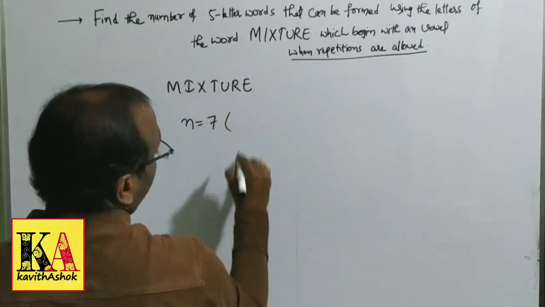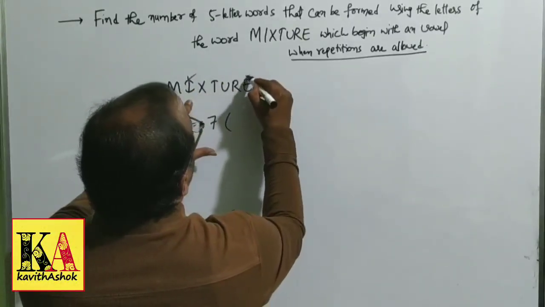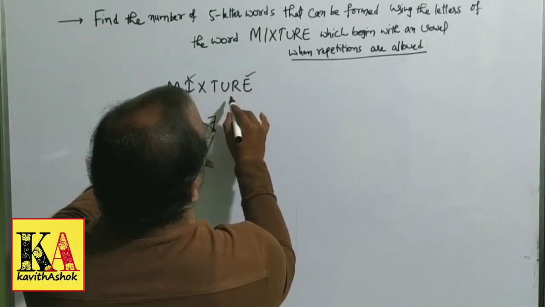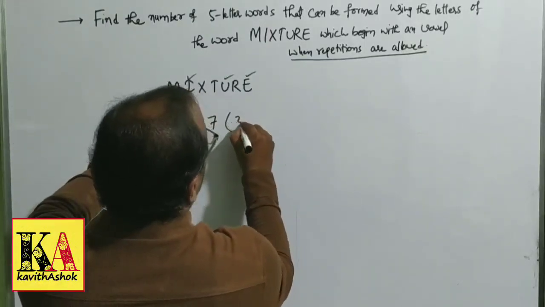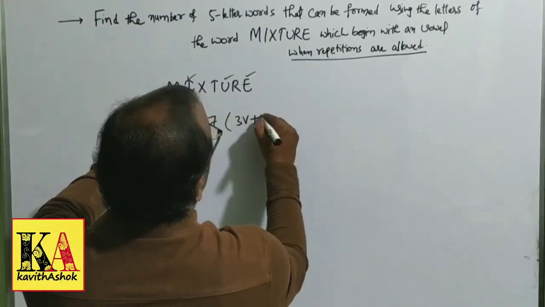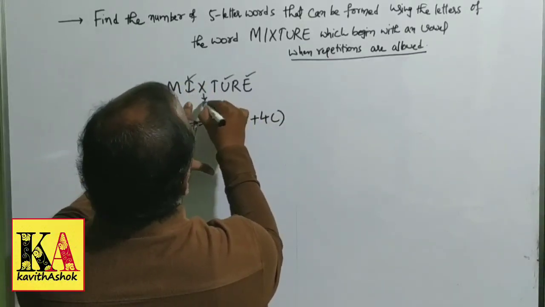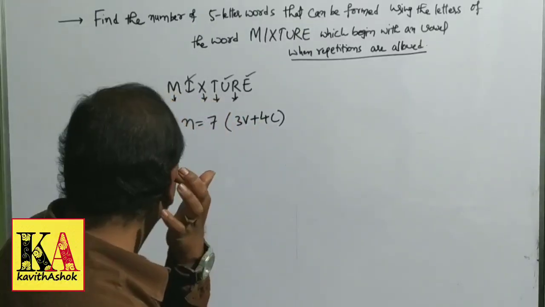In that, I is a vowel, E is a vowel, U is a vowel. 3 vowels, remaining 4 consonants: M, X, T, R.